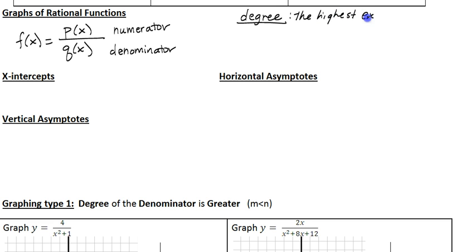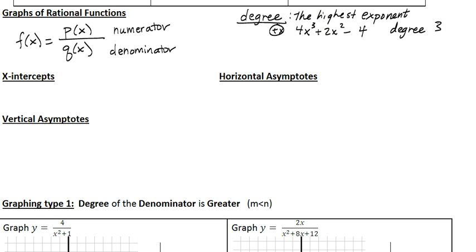And for the ones that we're going to do today, they're simple. So for example, let's say I had the polynomial 4x cubed plus 2x squared minus 4 or something like that. This one has a degree of 3. So the highest power exponent is going to be the degree for the ones we're working with today.